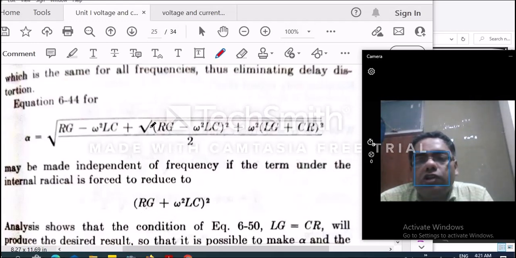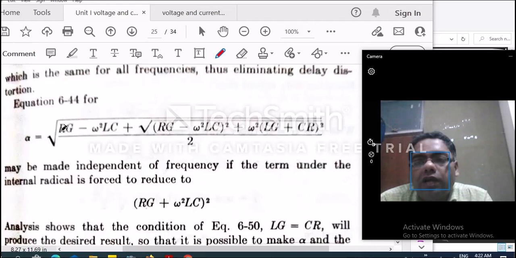If I make this a square, then square root and square will cancel and I will get Rg plus omega square Lc. So minus omega square Lc and plus omega square Lc will cancel out. These two will cancel and I will get twice Rg, divided by 2.